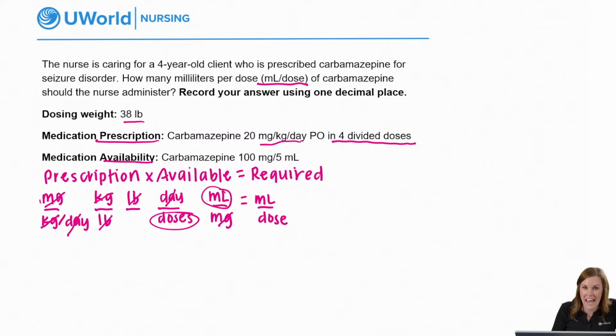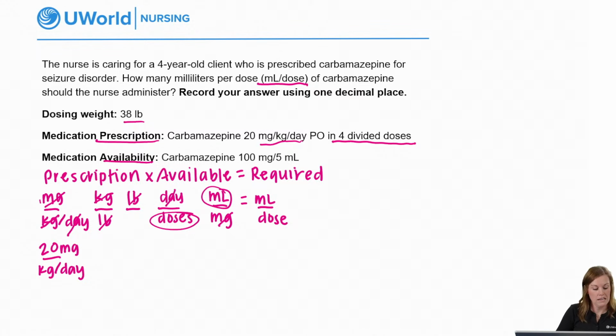Okay, so let's add in the numbers, and then I am going to give you guys a chance to do the calculation yourself. Our prescription says 20 milligrams per kilogram per day.